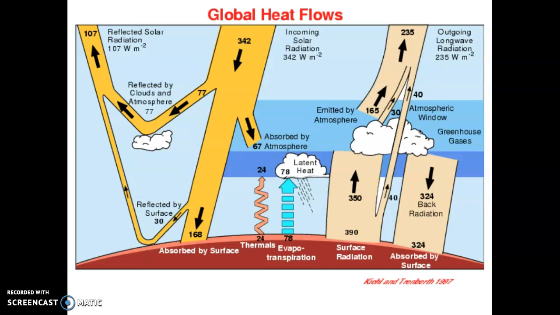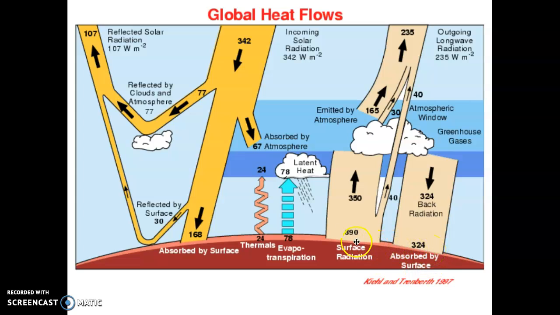Now, once you have an understanding of this idea of absorption and re-emission of infrared, we can look at the entire energy flow situation, where you've got the energy coming in, your incoming solar radiation, and all that radiation that's absorbed by the atmosphere. Because it's re-radiated, some of it, what we call back radiation, is then absorbed by the surface of the Earth.